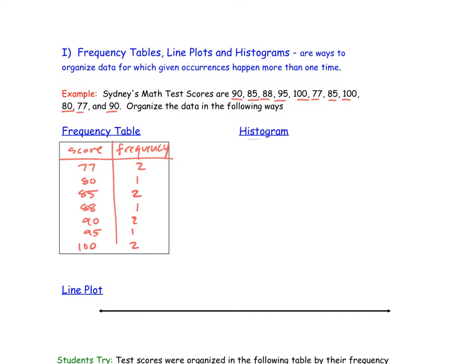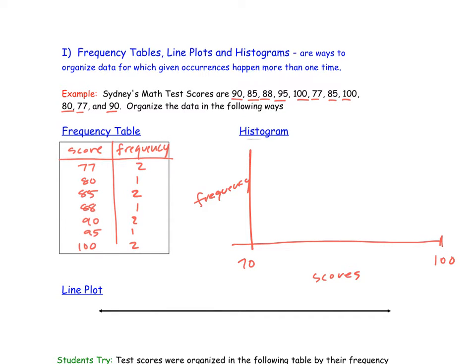So if I'm looking at this one, I'm going to make my y-axis the frequency and the x-axis the scores. I'm going to start the scores at about 70 right here, and then this top is 100.